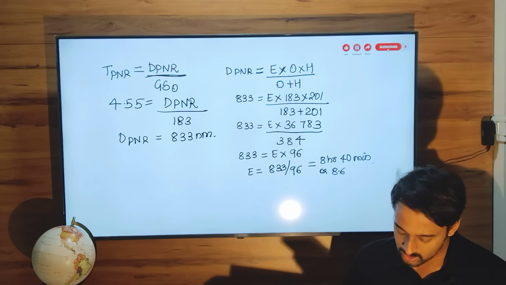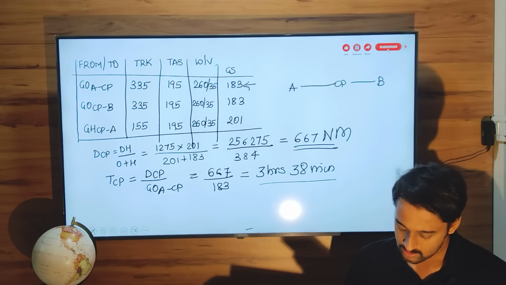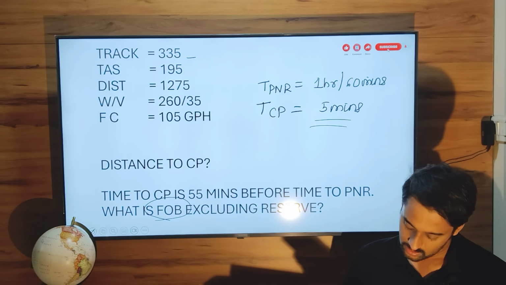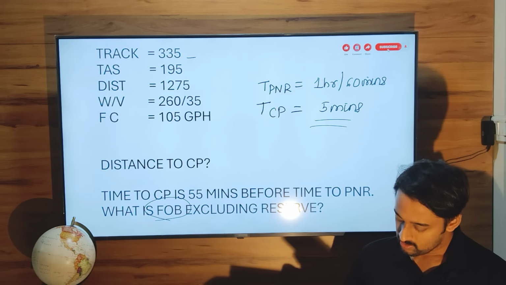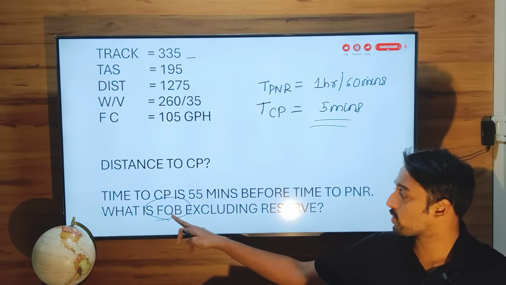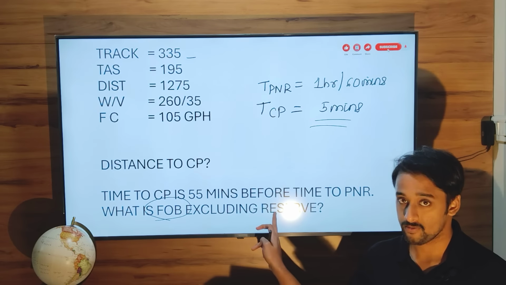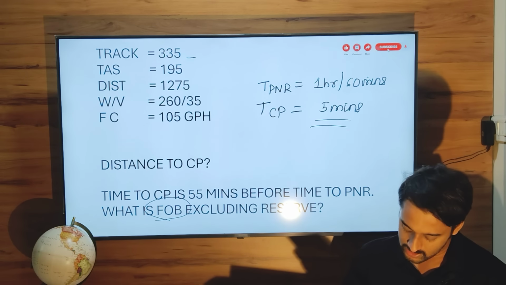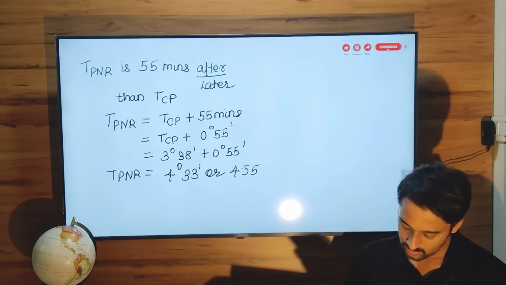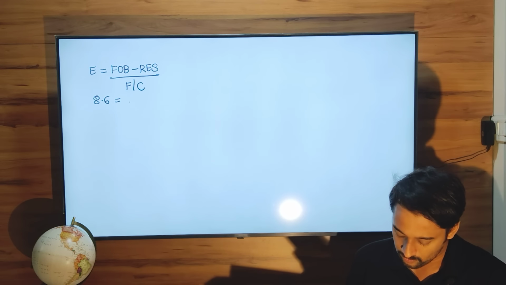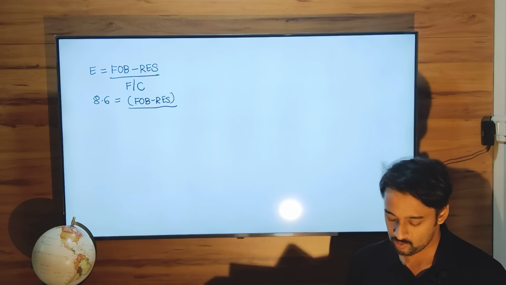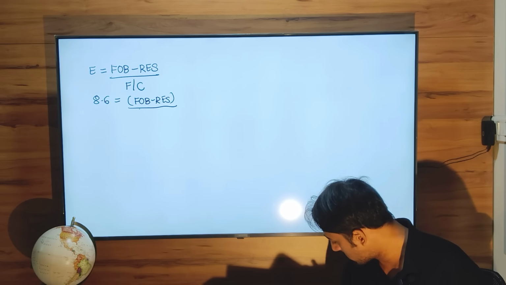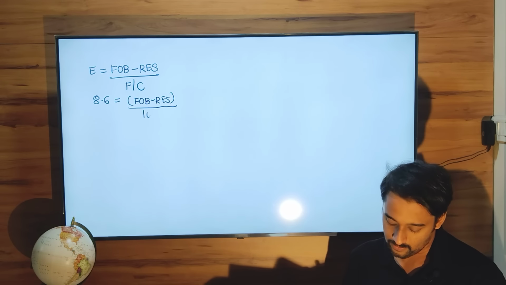Fuel on board minus reserve is nothing but flight fuel. We have to find fuel on board excluding the reserve, in other words flight fuel, and fuel consumption is 105.